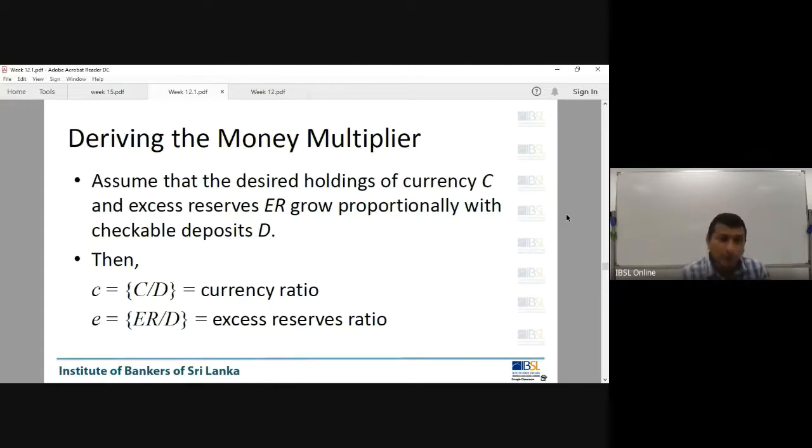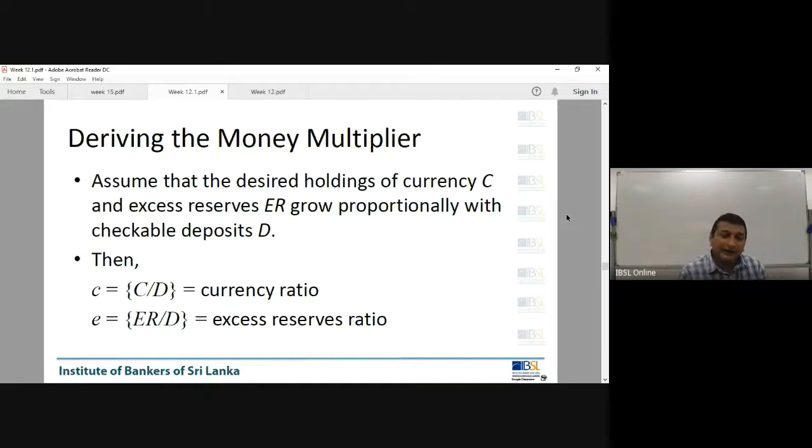And you also know currency, total currency holdings divided by deposits. That means out of total deposits, how much you are keeping in currency form.